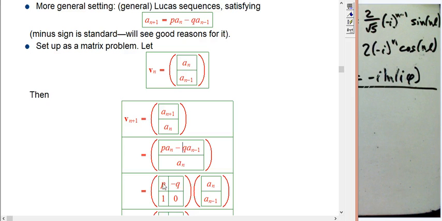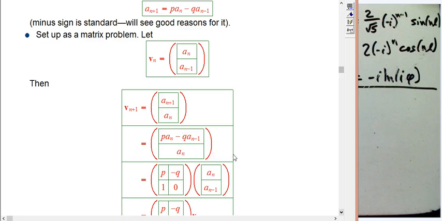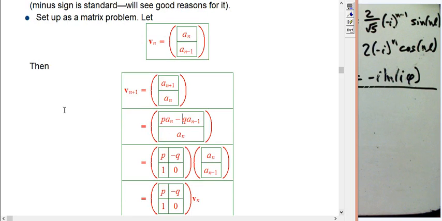And then the interesting action goes on the top, that p times a sub n minus q times a sub n minus 1 gives you the new a sub n plus 1. Okay, so what we see now is that this is very nicely expressed in terms of matrices. I have a sequence of vectors, two-component vectors, and I just repeatedly multiply by this fixed matrix with integer entries.